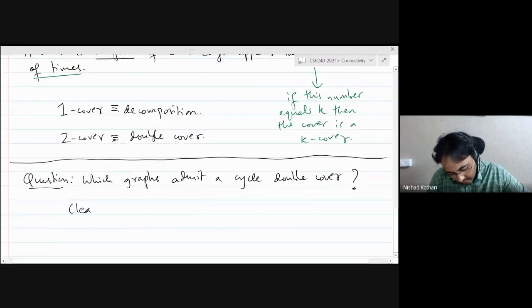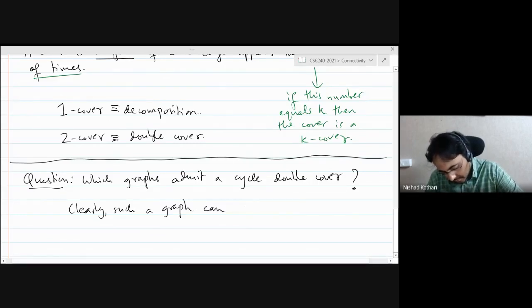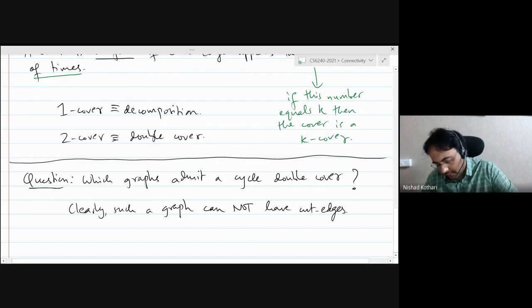Clearly, such a graph cannot have cut edges. Right? Because then you can't even have a cycle cover. So clearly you can't have a cycle double cover. Right?